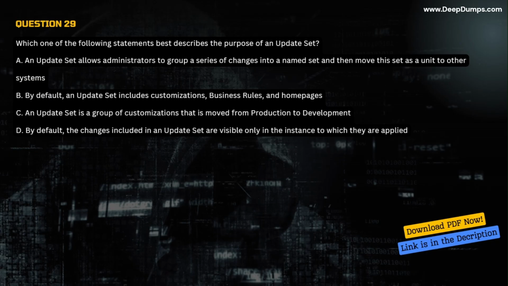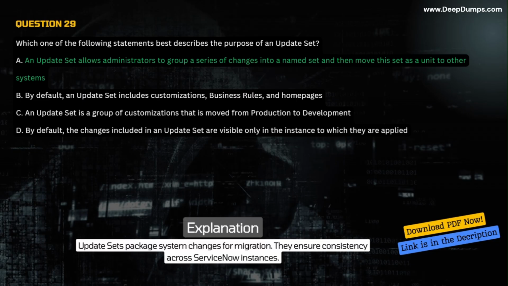D. By default, the changes included in an update set are visible only in the instance to which they are applied. Correct answer A. An update set allows administrators to group a series of changes into a named set and then move the set as a unit to other systems. Explanation: update sets package system changes for migration. They ensure consistency across ServiceNow instances.